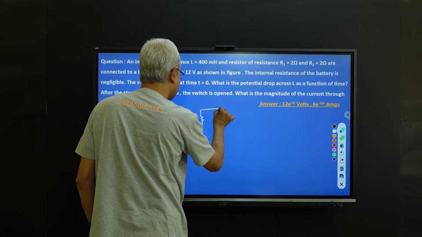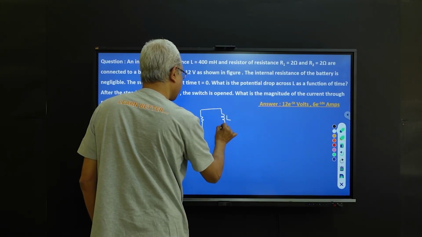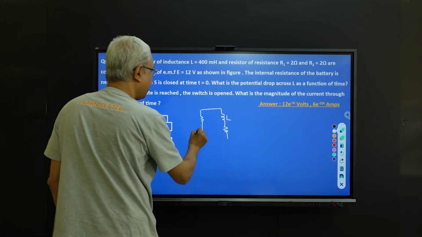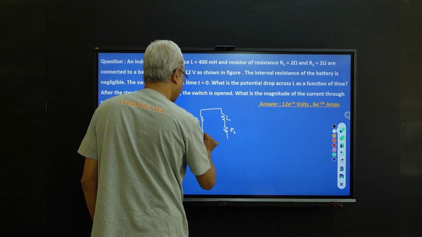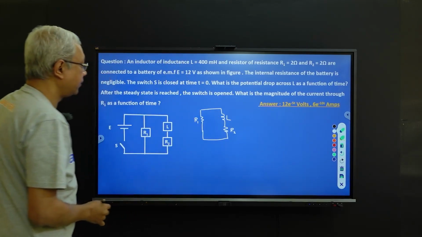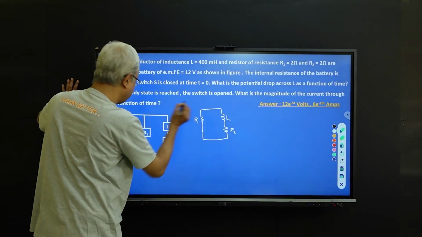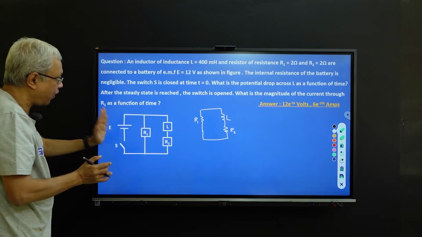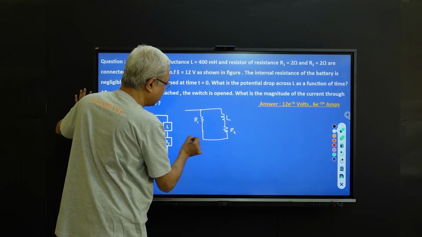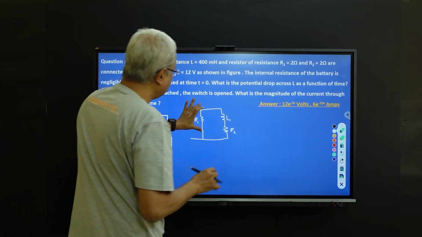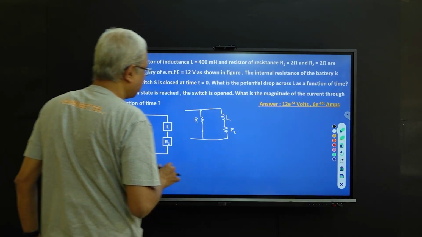The circuit looks like this, and there is nothing, because this switch is again made off. That means we are dealing with an isolated part. Battery voltage is not appearing across this part of the circuit.